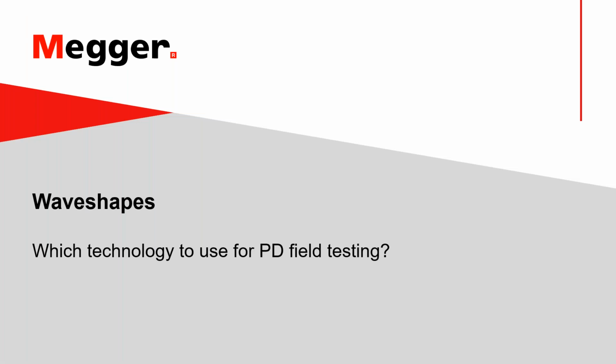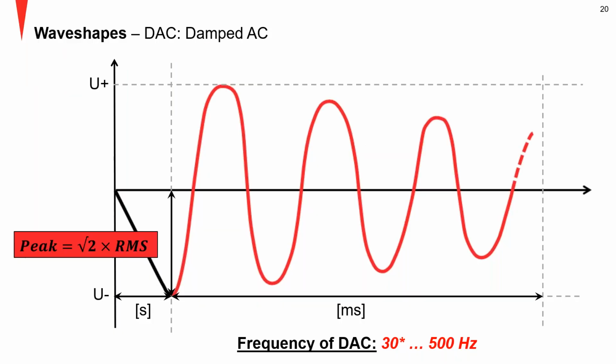Now, talking about wave shapes. The standard wave shape for partial discharge testing is damped AC. It's an oscillating, attenuated voltage wave that lasts approximately a few hundred milliseconds. So it's a quick shot. It's obviously an AC waveform.